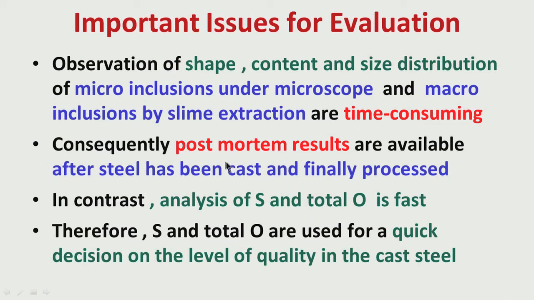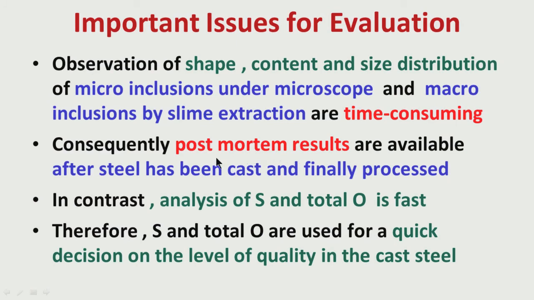These are essentially post-mortem analysis. That means the steel has already been made and processed, and only after that do we get the level of quality. Is it really useful? Maybe yes, once the steel has been made and has performed in service, if it has not performed well and we want to know what the problem was, then it is useful.